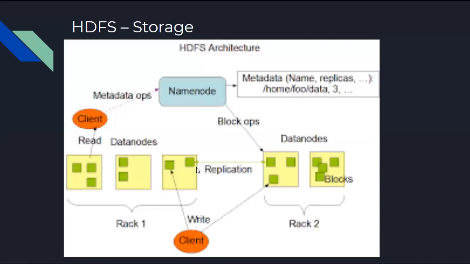So we cannot retrieve the data. The data is no more useful for us. To avoid all that, we have replication of the data. Hadoop provides this ability for replication. It does a 3x replication. What that really means is it's going to replicate it in 3 different data nodes. Instead of 1, it's going to go to 3. Each data is replicated 3 times. So your data is secure and safe.